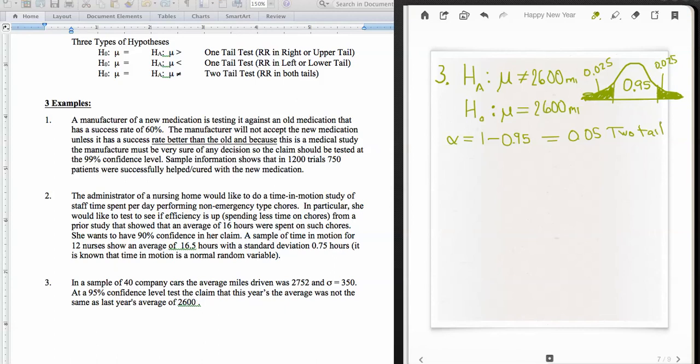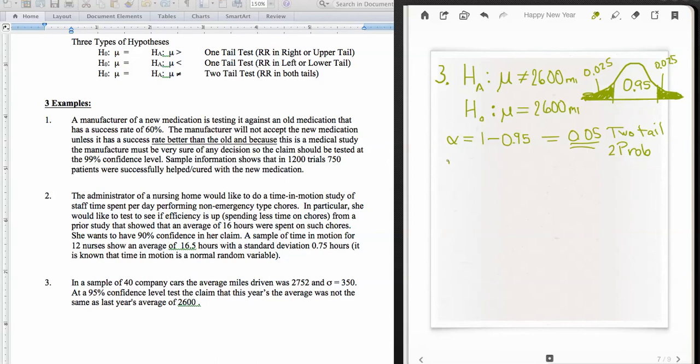And remember, when we go down to our probabilities, we're going to compare this alpha value to 2 times our probability. That's how most people do it now because of the way technology does it. It can also be just compared to one of the tails, but that's not the typical way of doing it anymore.